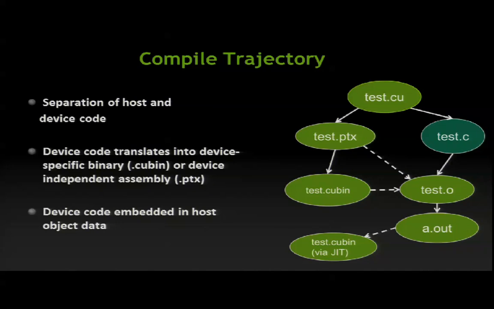Now this CUBIN code, from the host perspective, is just a piece of text. It cannot do anything with it. So before CUDA 5, this CUBIN code was embedded into the object file, and it was linked into the a.out, all fine and good, but the linker didn't have any insight into this GPU code. It just said, oh, I'm getting this additional piece of data.